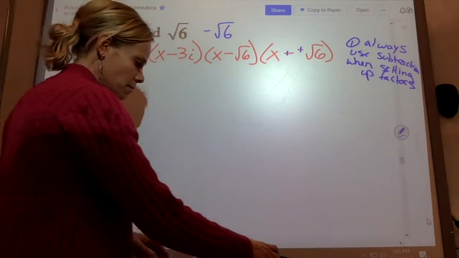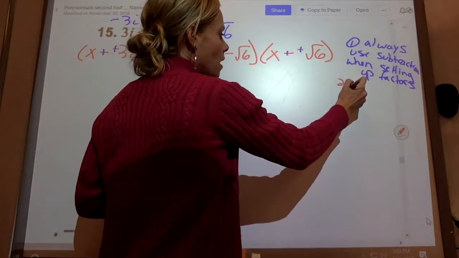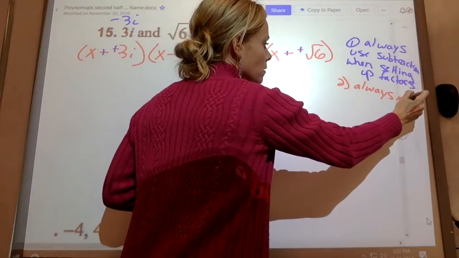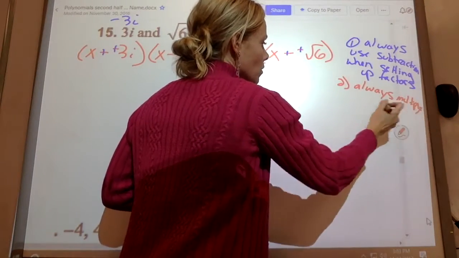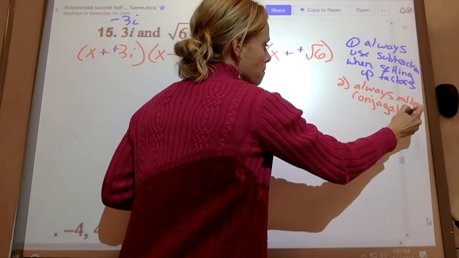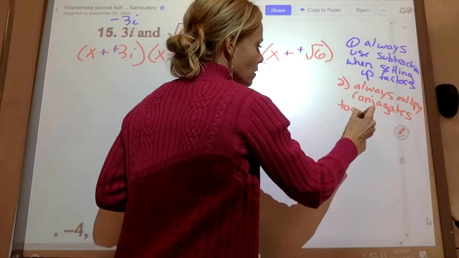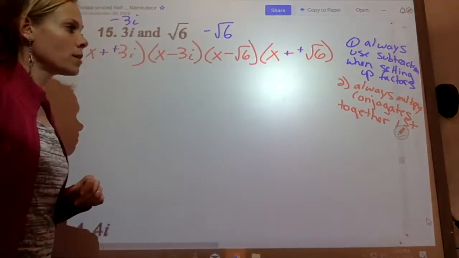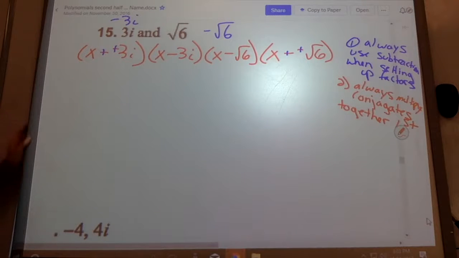Then the second big thing is going to be always multiply your conjugate pairs together first. That would be the other thing. Always multiply your conjugates together first.